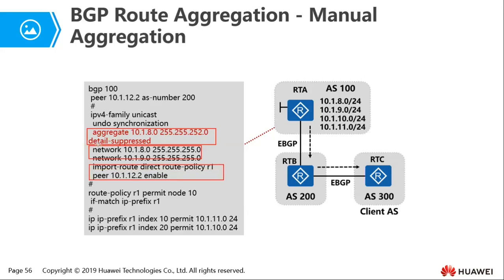But now when we say details suppressed, it's going to suppress all these advertisements that we've done on any of the networks that will match that IP prefix. So for any of these networks, they are simply going to be advertised using this manually summarized route. So they're going to suppress these individual advertisements. So that is what the details suppressed, I think, if I can recall, really stands for.